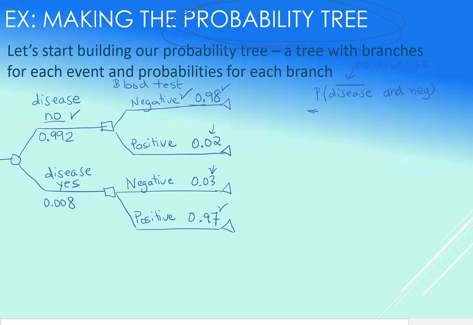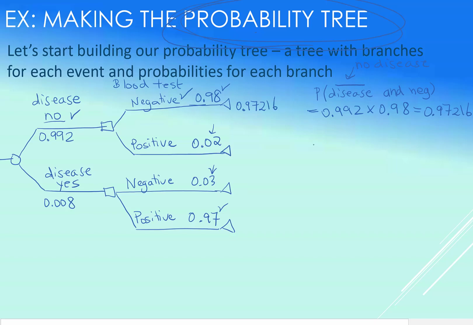Well, to get that, take the odds of no disease times the odds of testing negative given you have no disease, which is this guy right here. And that gives you the odds of not having disease and testing negative. And that turns out to be 0.97216. I'm going to put that right here at the end.